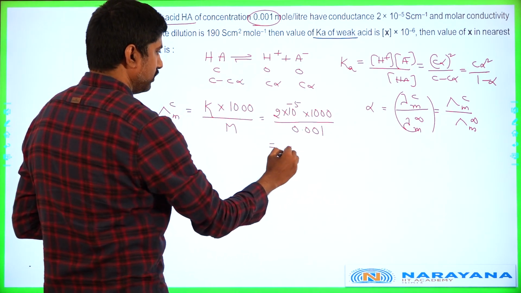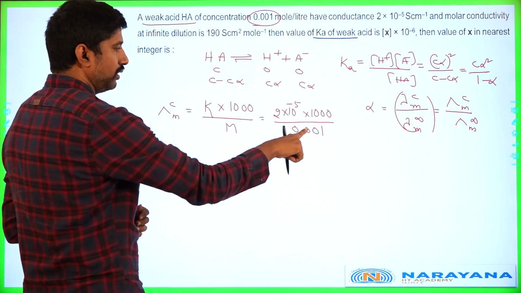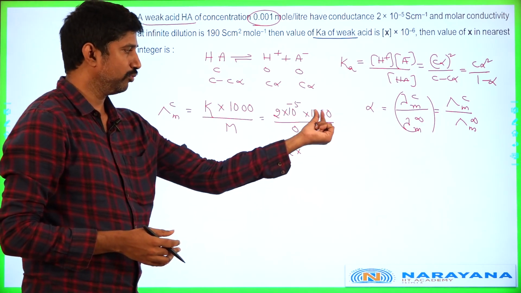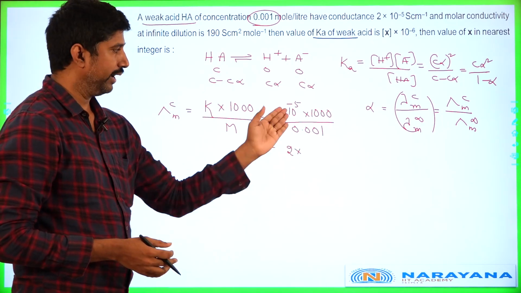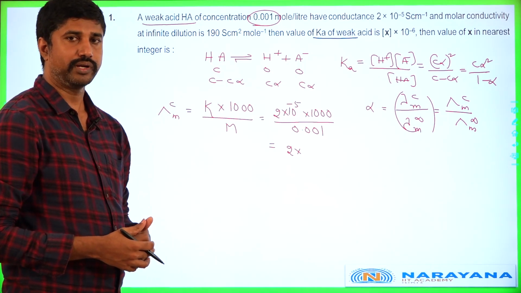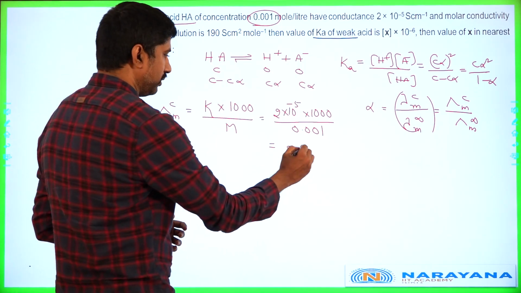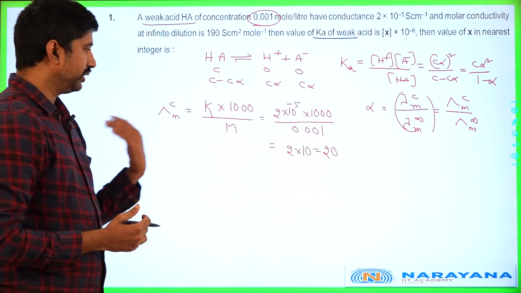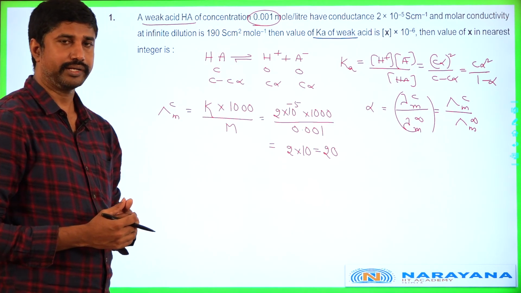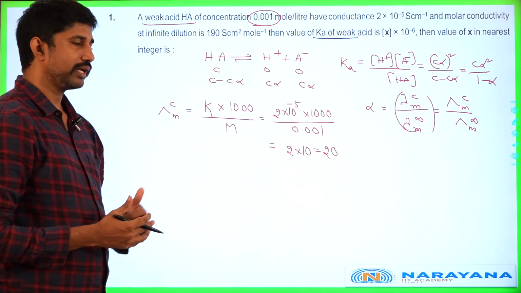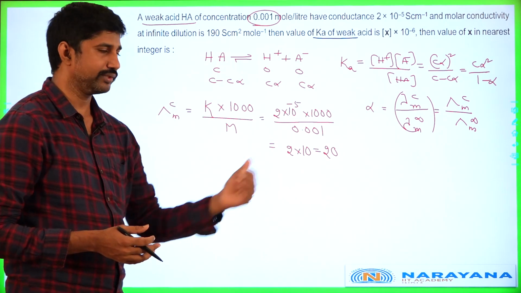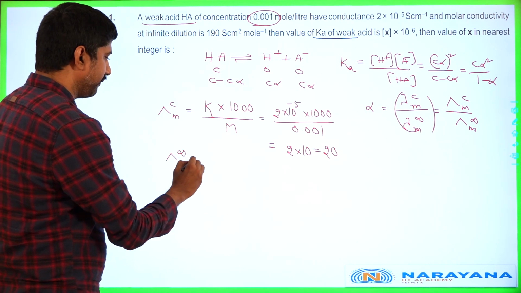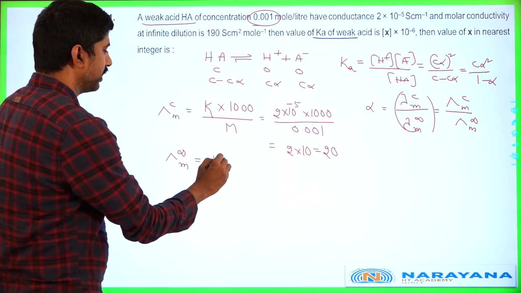If you simplify, 10 power minus 3 going up becomes 10 power plus 3, and 10 cube times 10 cube becomes 10 power 6, and it is multiplied by 10 power minus 5. So we get 2 into 10 power 1, that is 2 into 10, equal to 20. So the molar conductance at the given concentration we got as 20, and they told that the molar conductance at infinite dilution is 190.